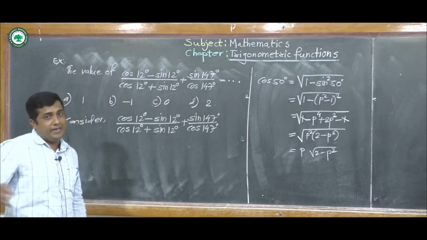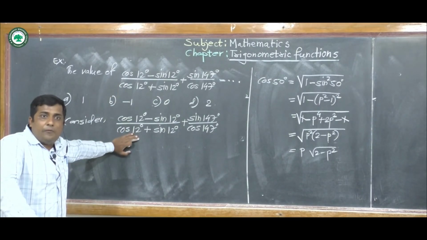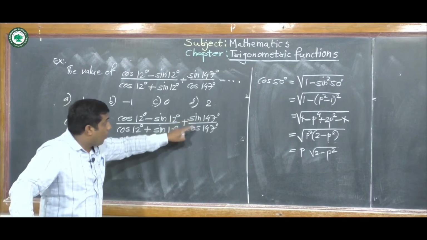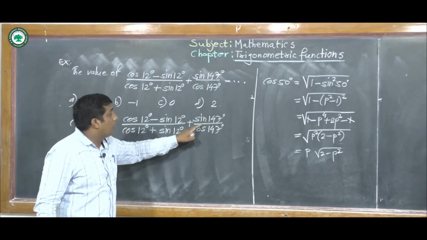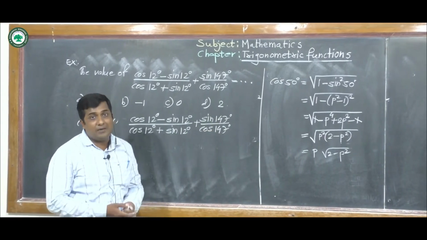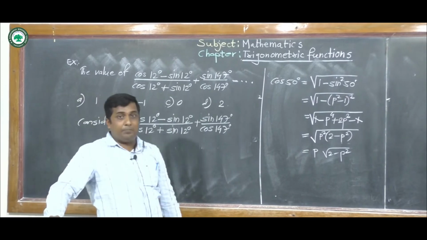Here sine upon cos form is given, that is sine 147 degree upon cos of 147 degree, and this is tan of 147 degree.